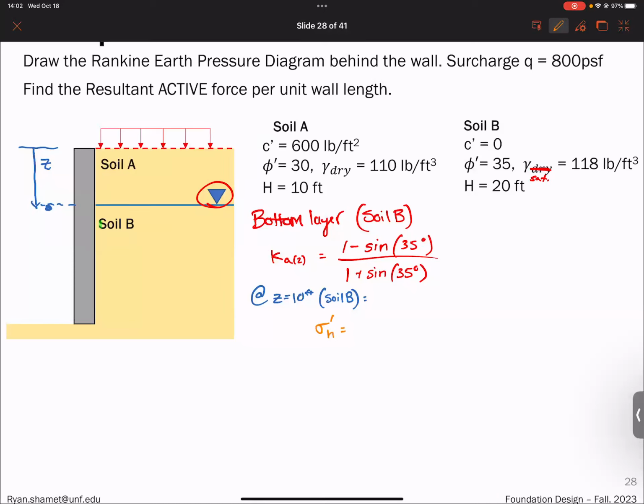So our horizontal earth pressure, we still have our surcharge that is acting laterally, but now we have a different coefficient. And we have the depth consideration with total stress.